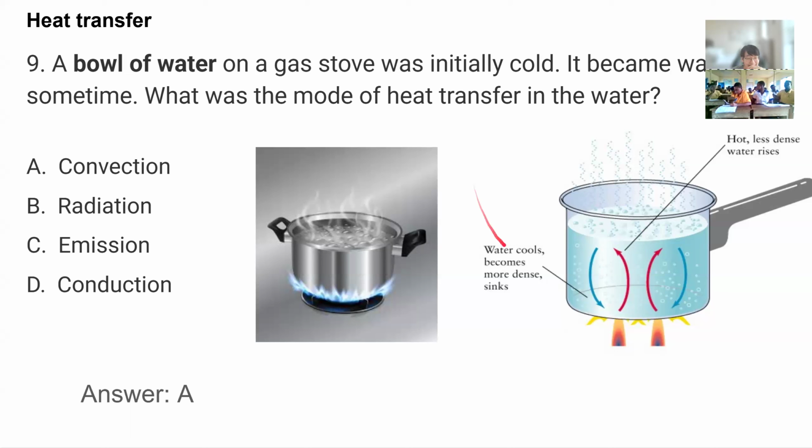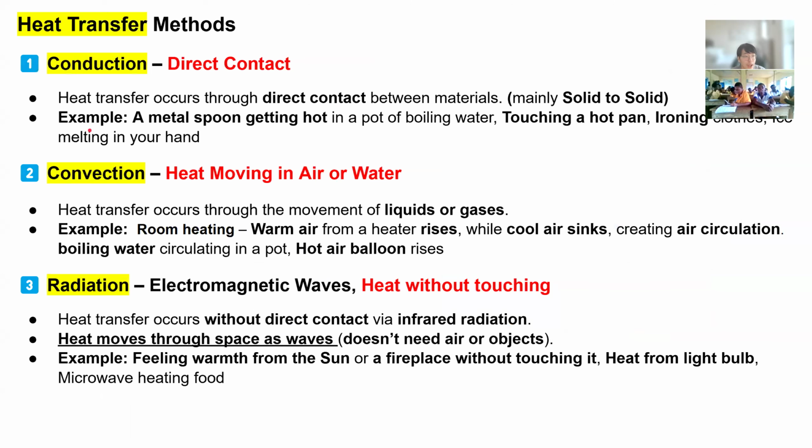So let's learn about the different heat transfer. What does all of this mean? We have three main types of heat transfer methods. One type is conduction, which is a direct contact heat transfer.